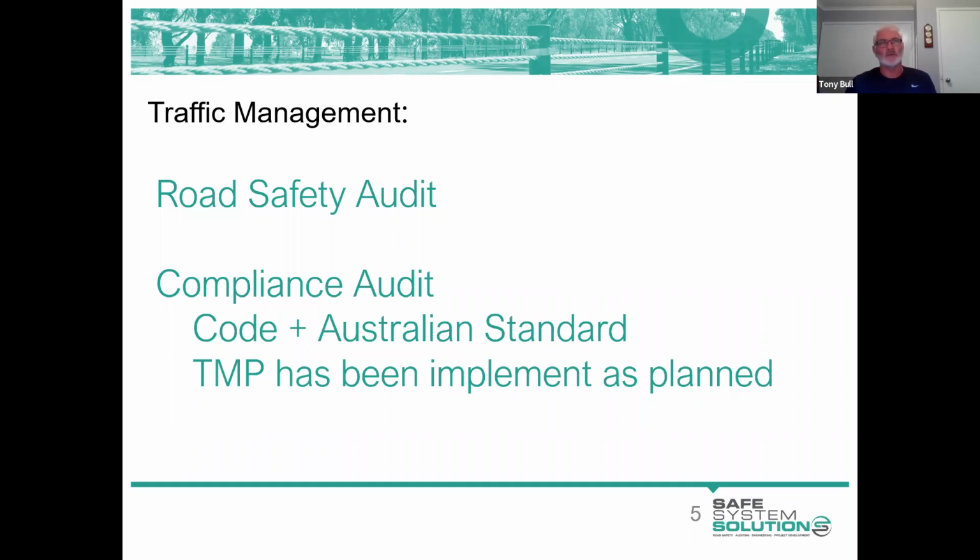It's not just a compliance audit; we are checking the safety needs of that site, which is so important. We need to have an understanding of the standards, the codes and also the guidance material, but we need to make sure that the site is managed in a safe way.